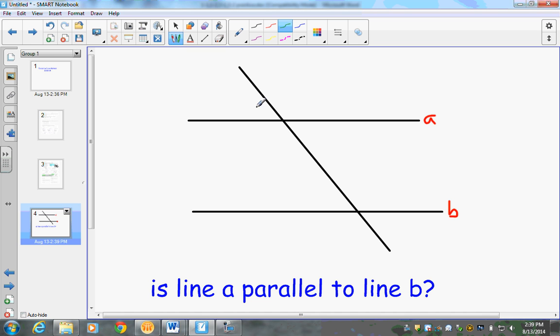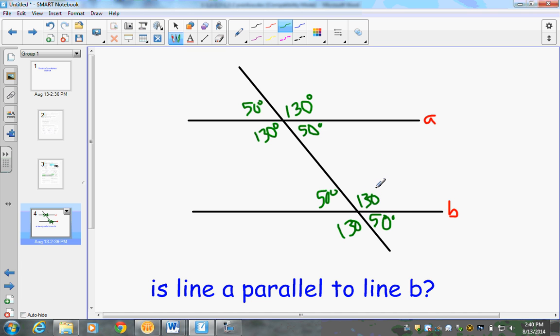Let's say I'm making numbers up. This was 50 degrees, and this right here is 50 degrees, and this would obviously be 130, because you know the whole concept of 360 and vertical angles. And this right here is 50 degrees, and this would be the exact same thing. So 50 degrees, 130, and 130.